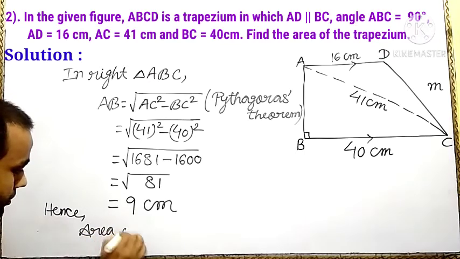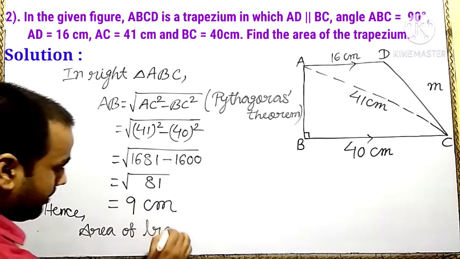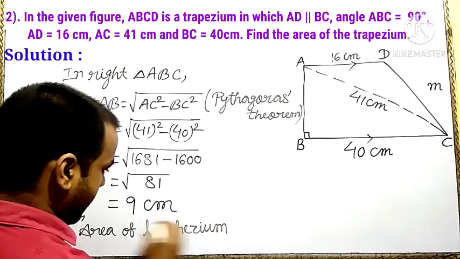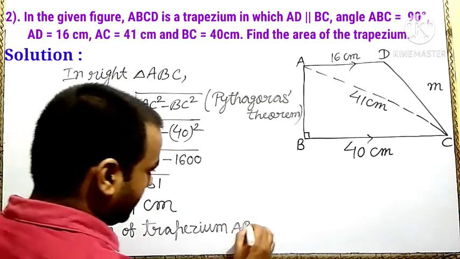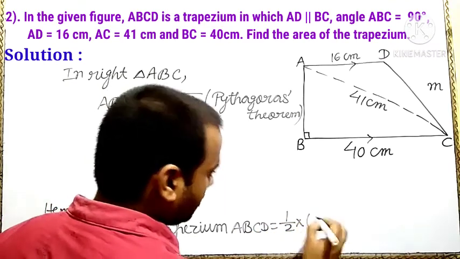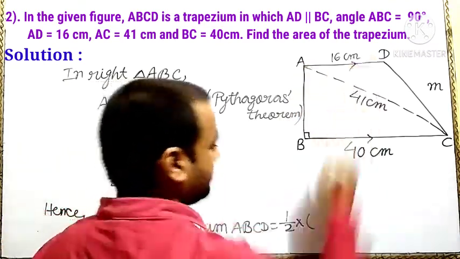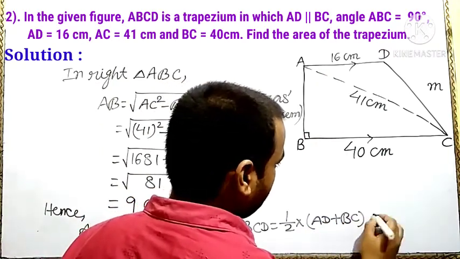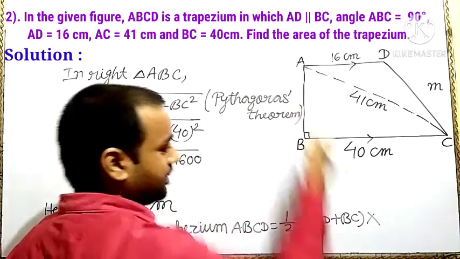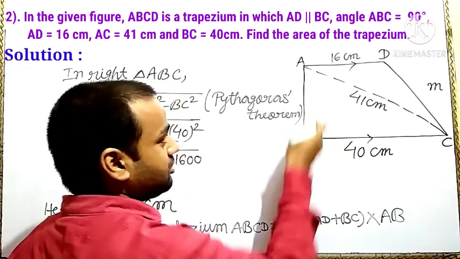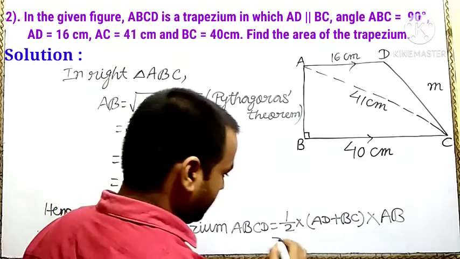Area of trapezium ABCD is equal to half into sum of parallel sides means AD plus BC into height. Here height AB because AB perpendicular to BC. So this is called height.